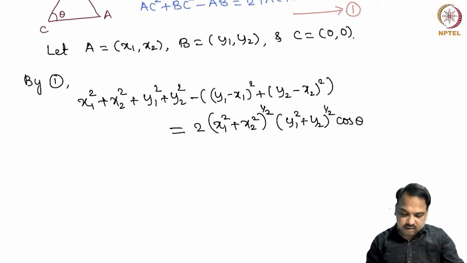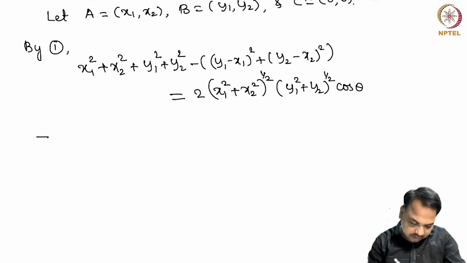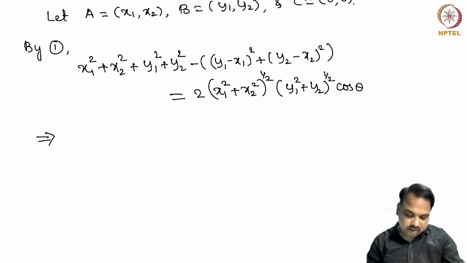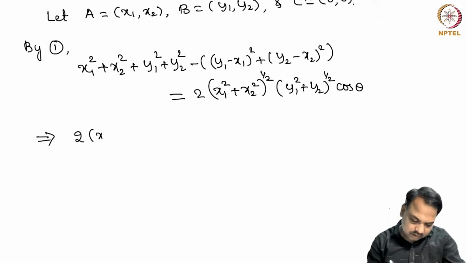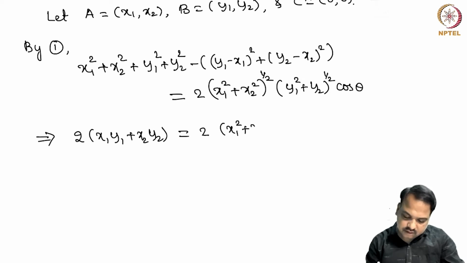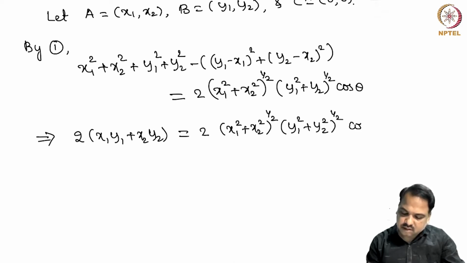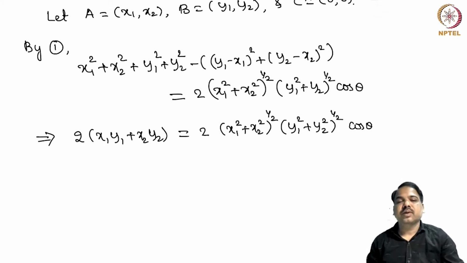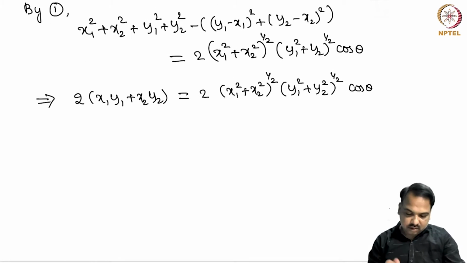And if we simplify the terms here, we get 2 times (x1 y1 plus x2 y2) equals 2 times the length of the first vector multiplied by the length of the second vector and cosine theta. Okay.